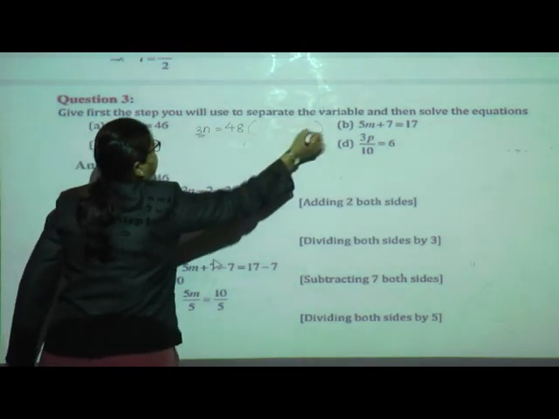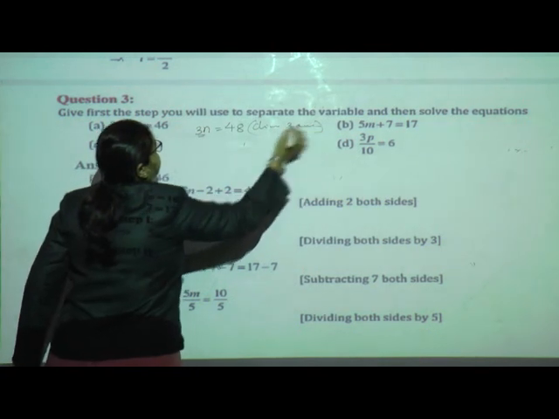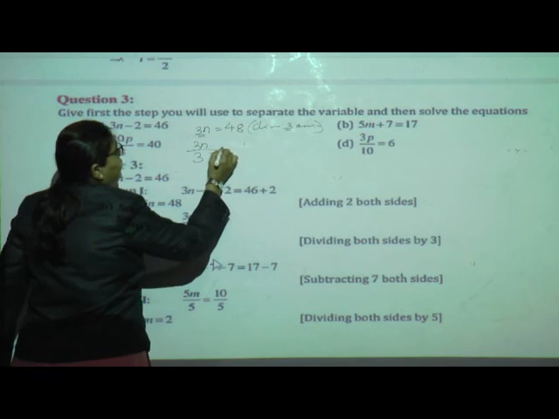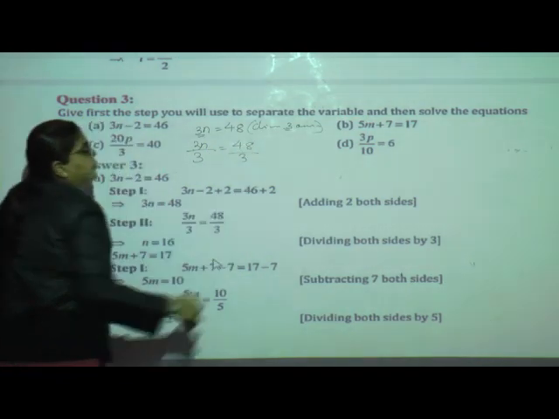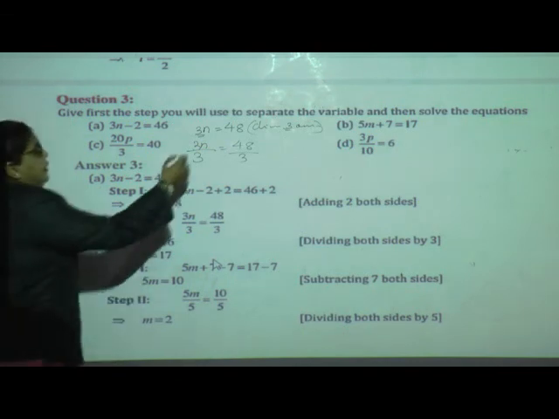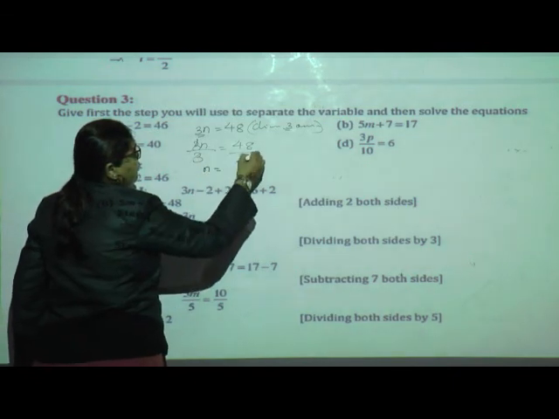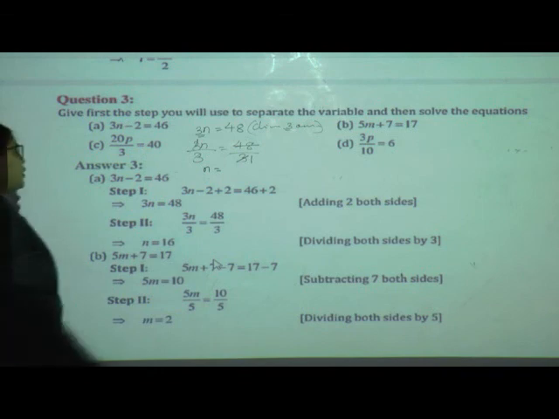We can write divide by 3 on both sides. So 3n upon 3 is equal to 48 upon 3. 3 gets cancelled, n is equal to 16, since 16 threes are 48.